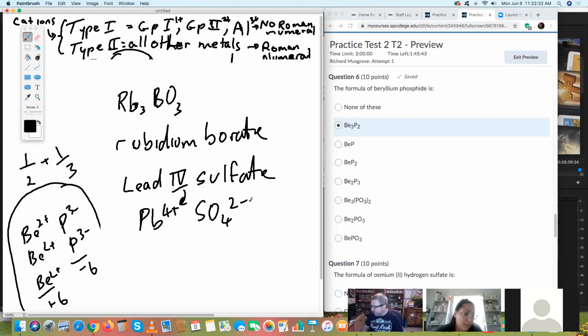Yes, I was just finding it on my sheet, but I see it here, SO4 2 negative. Okay. So you can see that the crisscross thing there wouldn't work out, would it? Because you'd have a 4 on the SO4 and a 2 on the lead. But in this case, you have a polyatomic ion. If you were just to have 2 of the sulfates, that would balance out to 4+. So that would be the correct answer there.